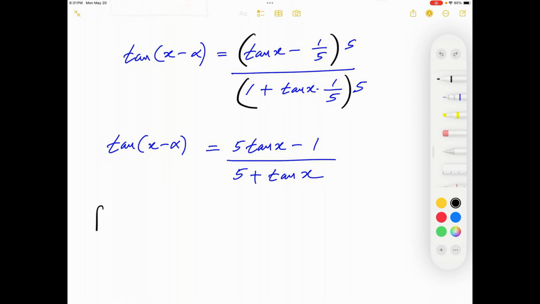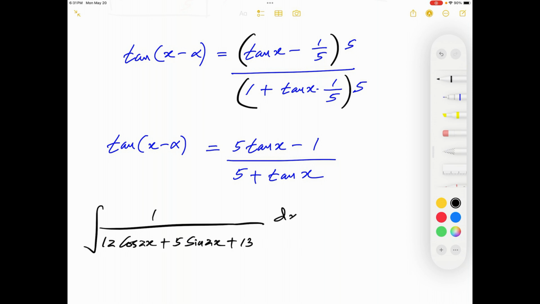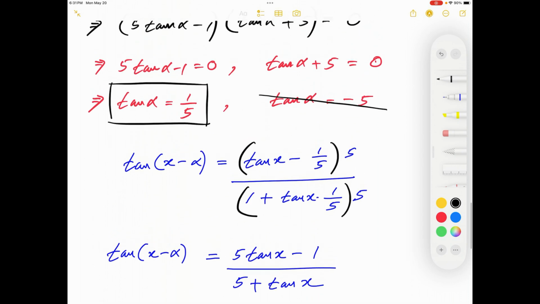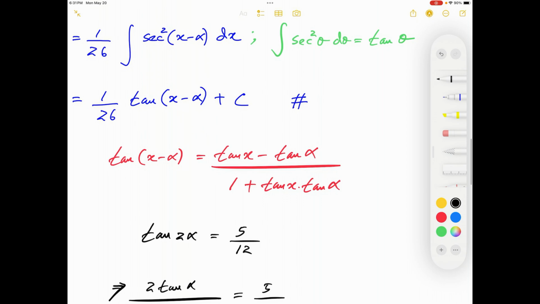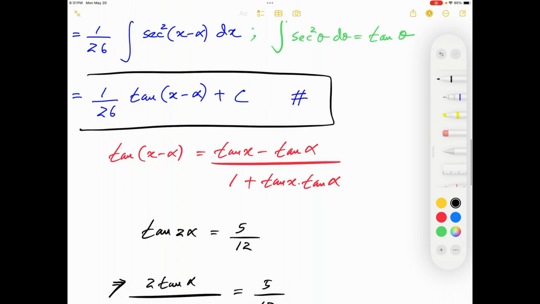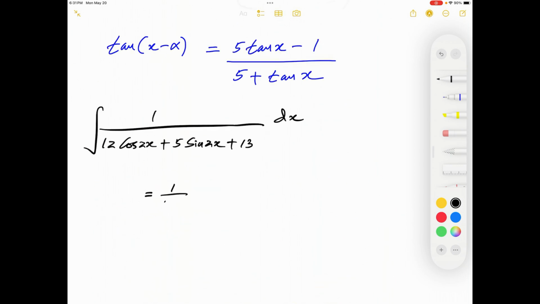We were working on the integration of 1 over 12 cosine 2x plus 5 sine 2x plus 13 dx. We showed that the answer of this one is equal to, let me go back and check that answer, 1 over 26 times tangent x minus alpha plus c.